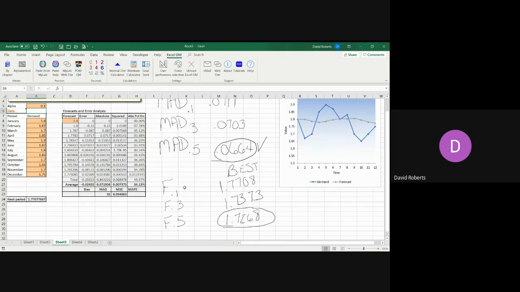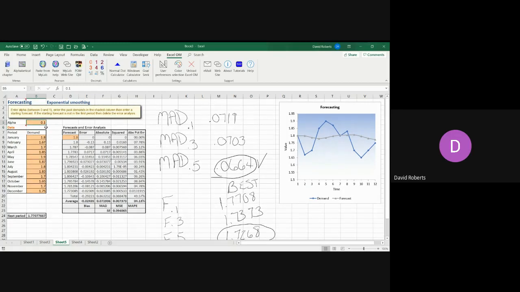You get the reports, you need to know what the results mean. And more importantly is, how do I get the 0.0664 to be even better? Like I said, what if I tried an alpha of 0.6? Ooh, 0.06452 is even better.